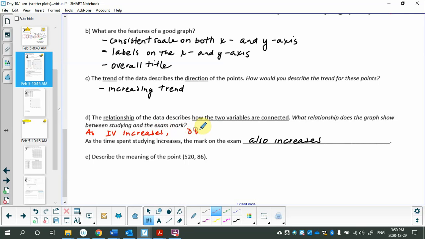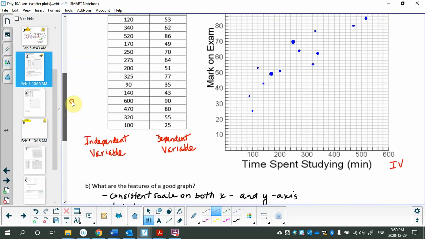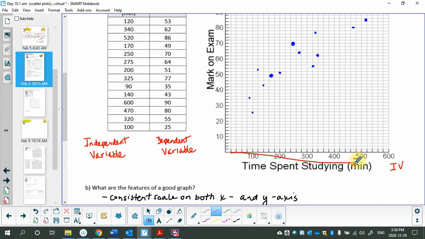Then you list the dependent variable, and it's either going to increase or it's going to decrease. It's one or the other, but it can't be both. So in this question, as the time spent studying increases, these also go up, so we have an uphill climb on our dots. As opposed to if this was increasing and our dots did this, then this would be going downhill, so you'd say that it's decreasing.